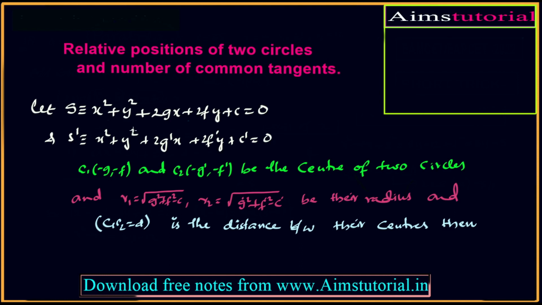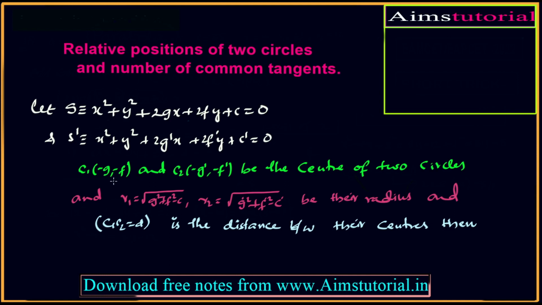Let S be the circle in general form, that is x² + y² + 2gx + 2fy + c = 0, and S' = x² + y² + 2g'x + 2f'y + c' = 0.